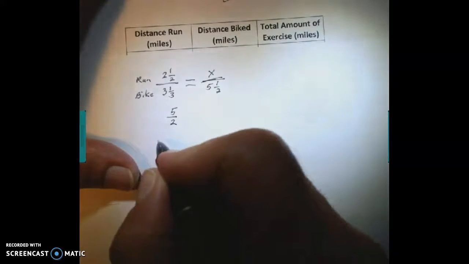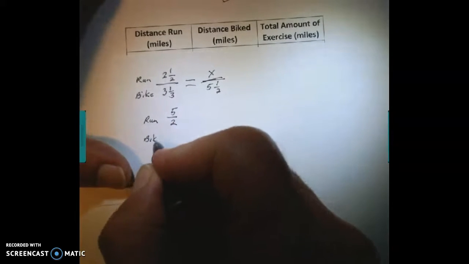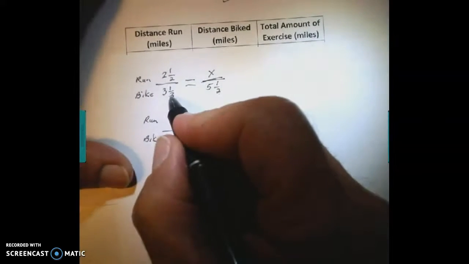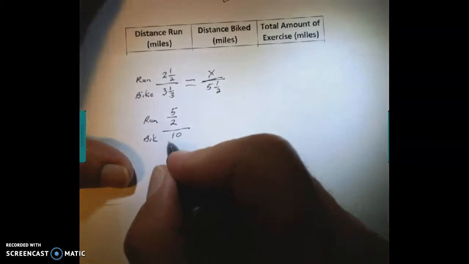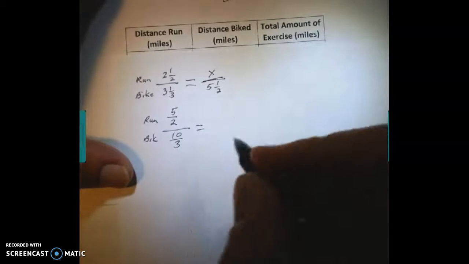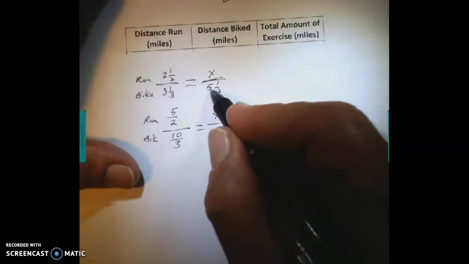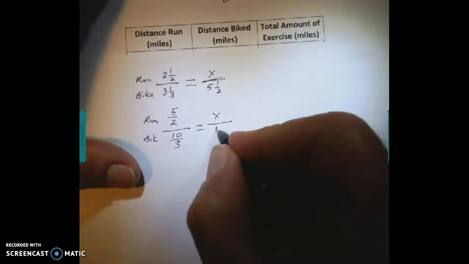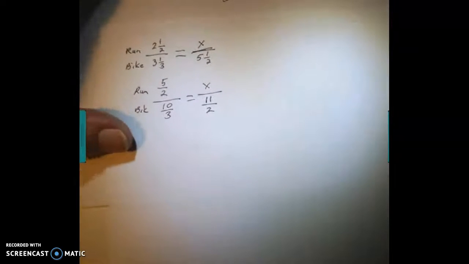This is 5/2, again, this is the run over the bike. 3 1/3. 3 times 3 is 9 plus the 1. This is 10/3 equals, the X isn't going to change. 2 times 5 is 10 plus the 1 is 11. So that's 11/2.